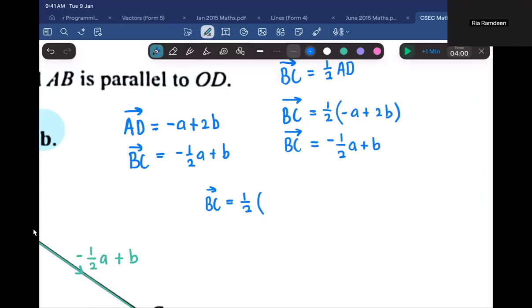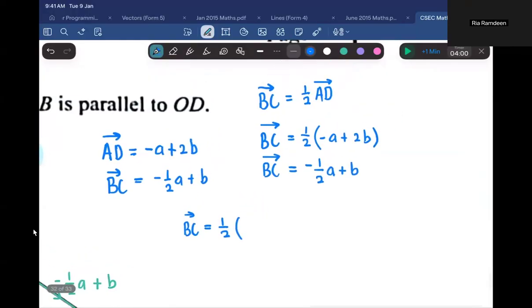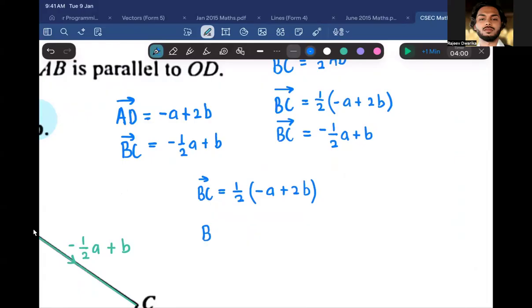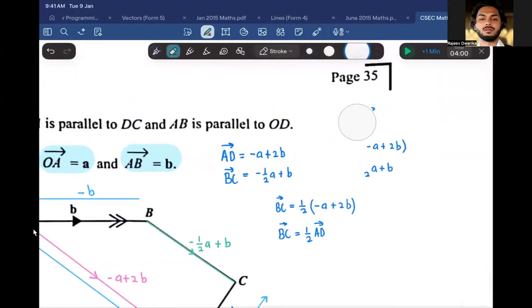What by a half would give me back negative a half A? Negative A. Yep, correct. And what by a half would give me back B? 2B. So in doing this, we just proved that BC is actually just a half of what vector is this? AD. Yes.